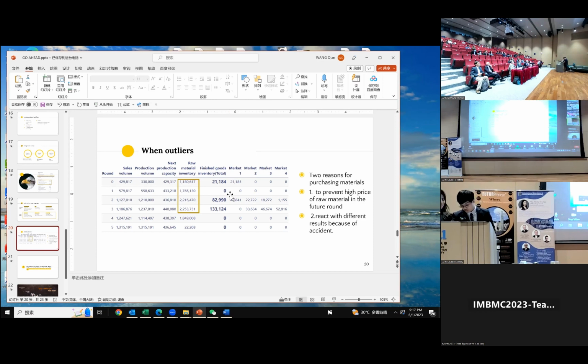And for round 4, some company went bankrupt, so we did not predict that also. But we tried to adjust that. For example, because we have enough raw materials, we can produce more and adjust for this case.